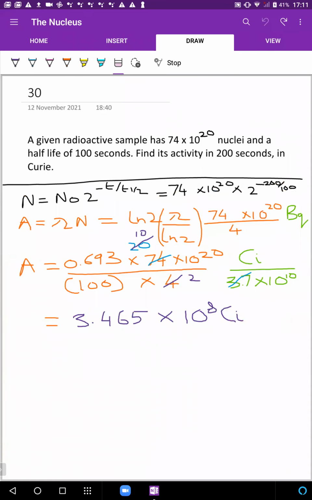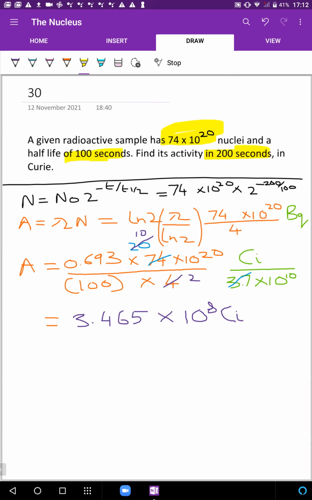So first, what we had to do was find the activity in 200 seconds, right? A given radioactive sample had 74 into 10 raised to 20 nuclei, and half-life was 100 seconds.